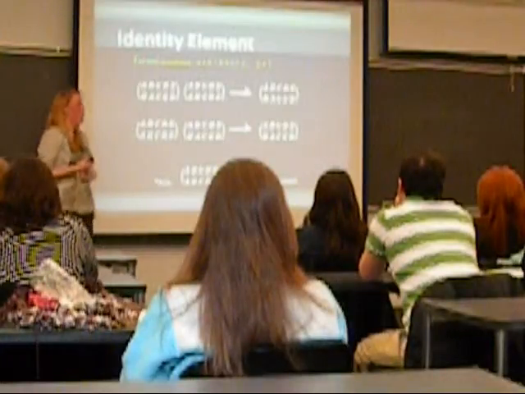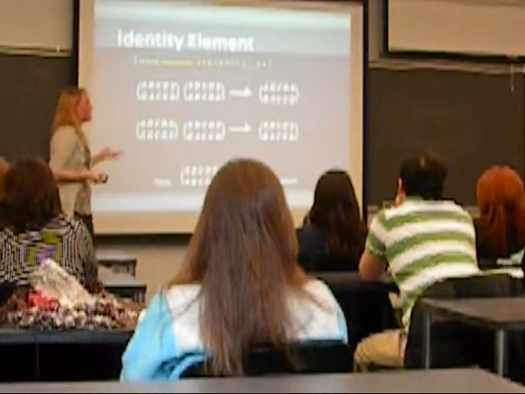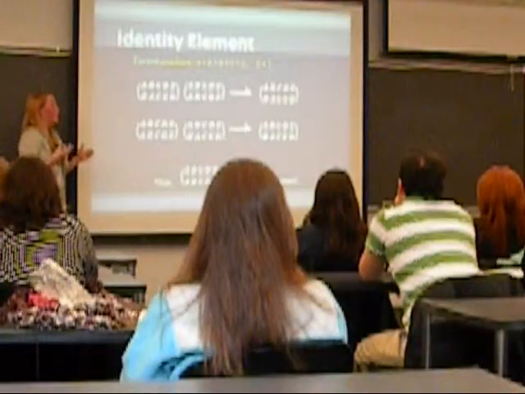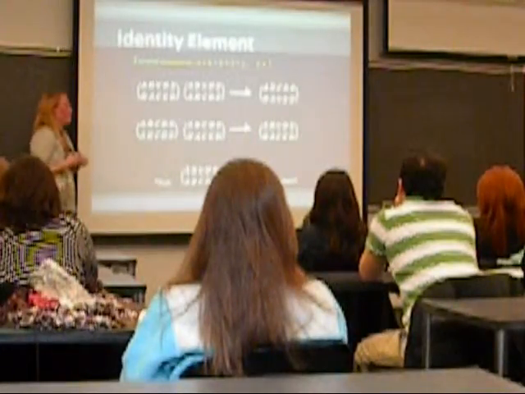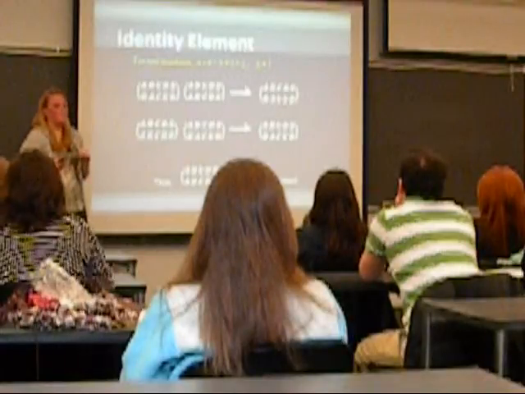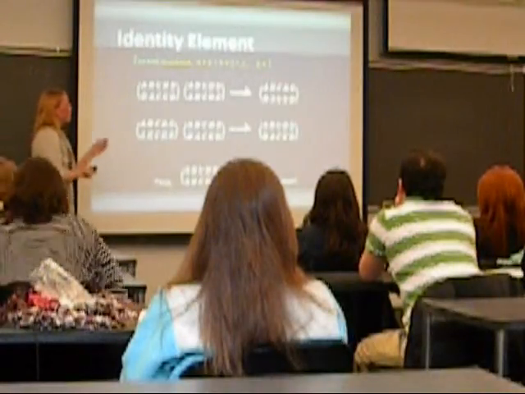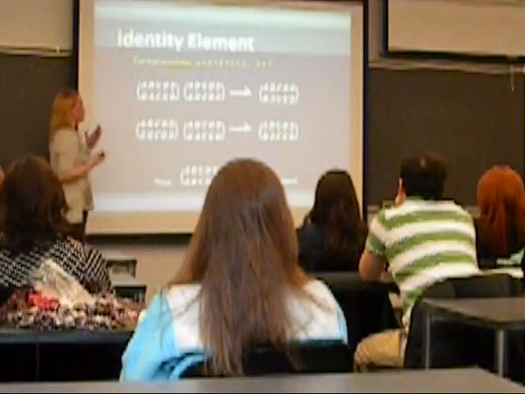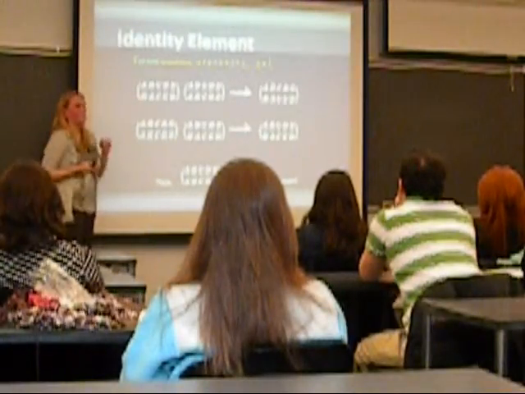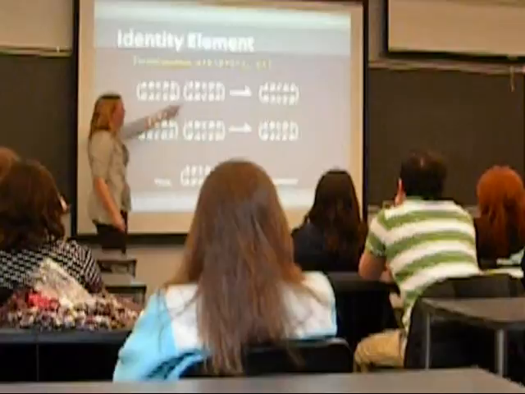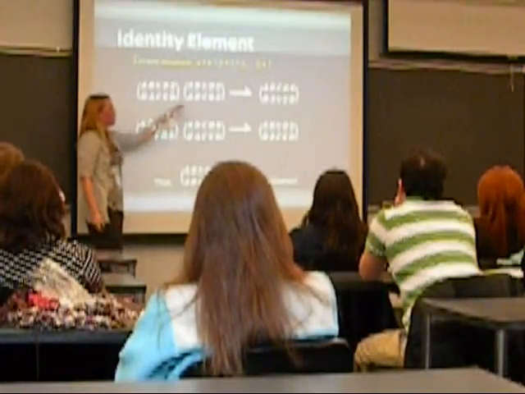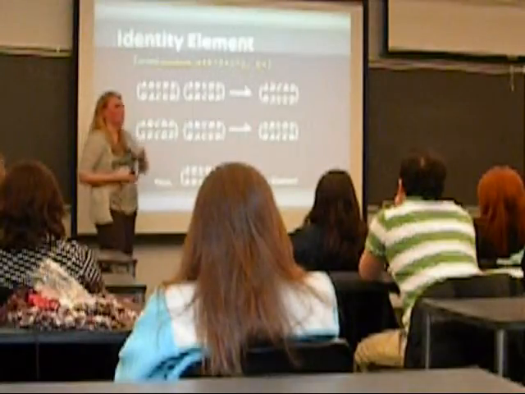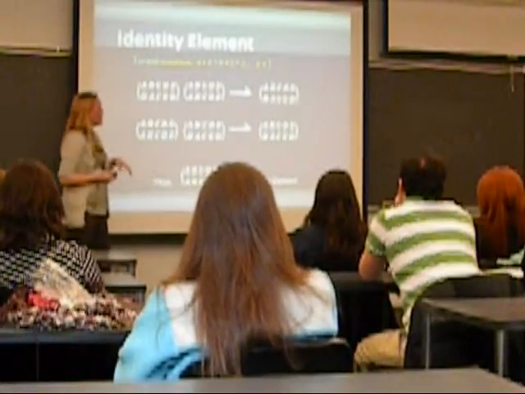Next, we want to see if the group has an identity element. For real numbers, the identity element states that if A times B equals B times A, which equals A, then B must equal 1. So for the permutation, we want to see if we take one permutation and we multiply it by this initial solution, then we will get the first permutation back as a result.